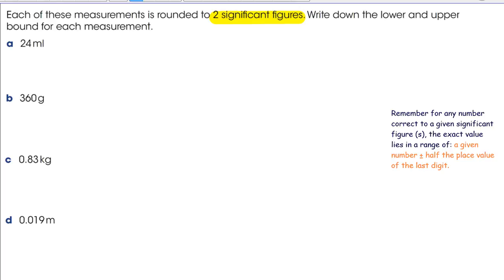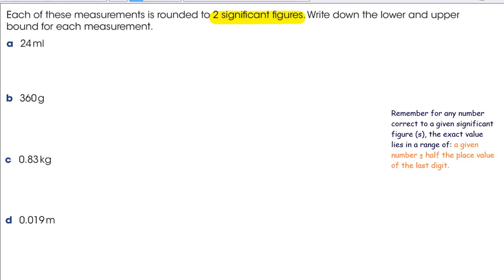For any number correct to a given significant figure, the exact value lies in the range for a given number. So you have a given number plus minus half the place value of the last digit. So basically what we need to do is get the place value of the last digit because that was the cutoff point.